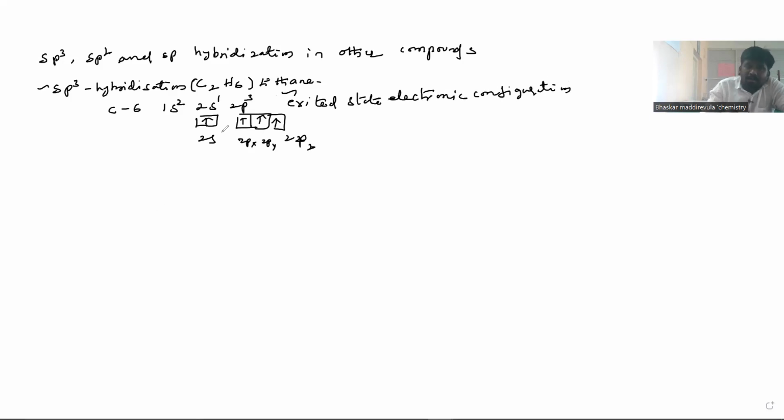Now, in each carbon, one s orbital and 3 p orbitals are involved in hybridization and give 4 equivalent sp3 hybrid orbitals.